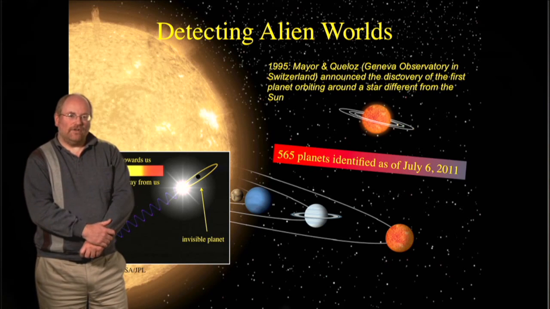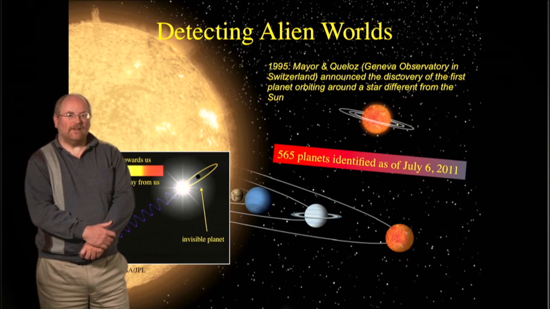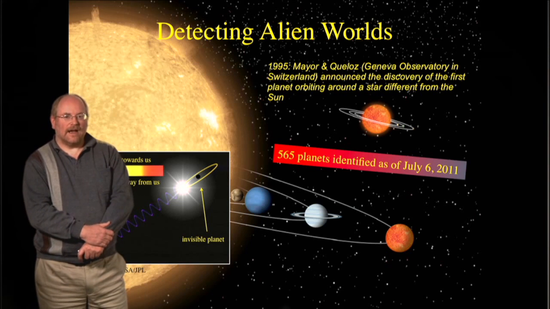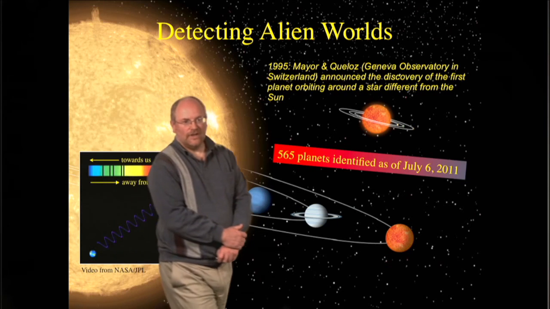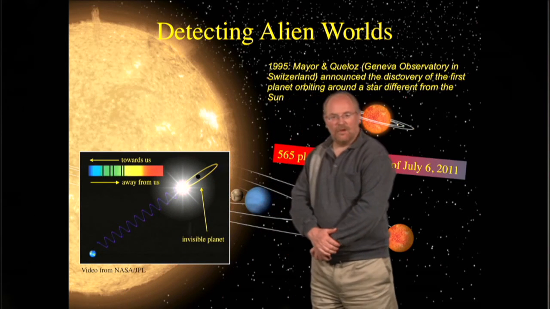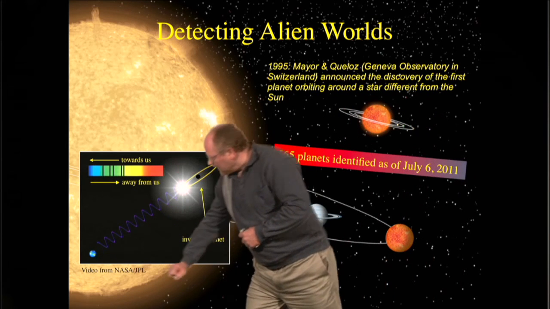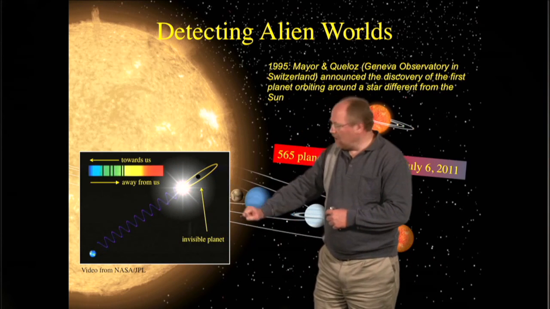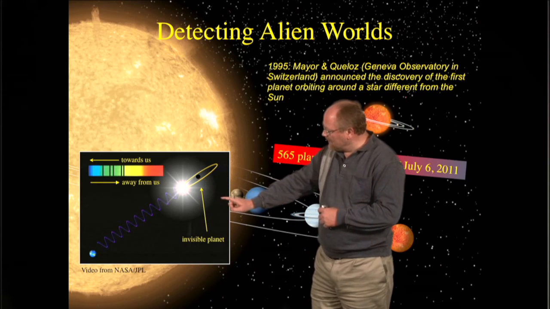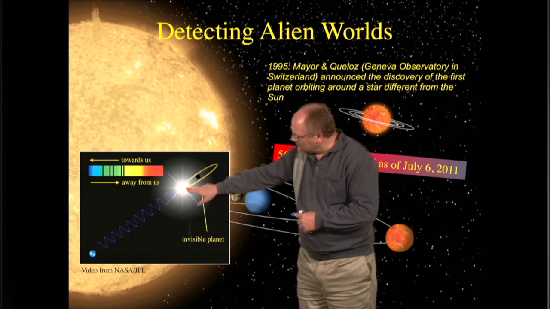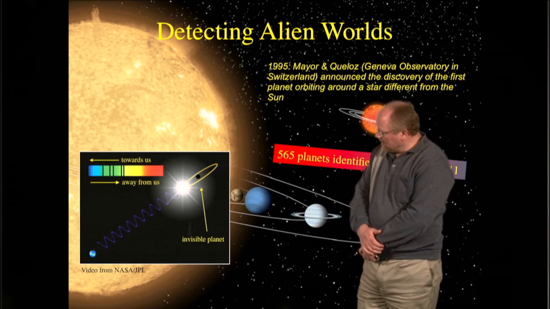Let me quickly show you how astronomers can detect this very faint signal from planets around other stars. I show you this with the help of this little movie. We have the Earth here on the left, and this very bright star that has a planet orbiting around it. In this frame, the star orbits around the planet.